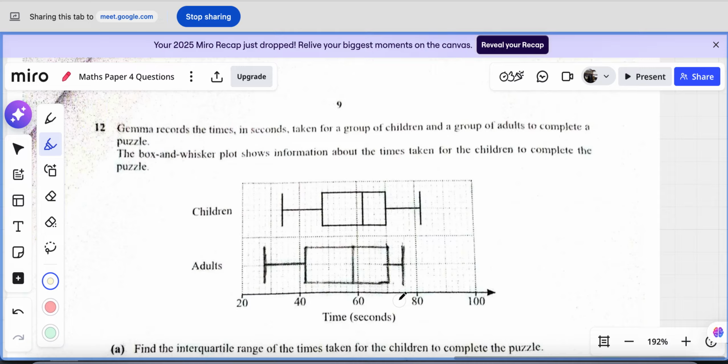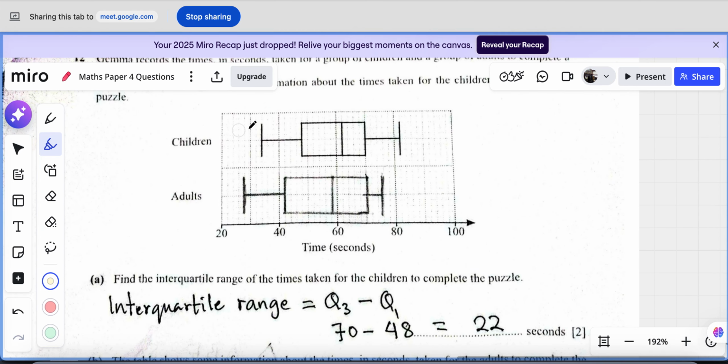Gemma records the times in seconds taken for a group of students and a group of adults to complete a puzzle. The box and whisker plot shows information about the times taken for the children to complete the puzzle. Okay, this is for children.